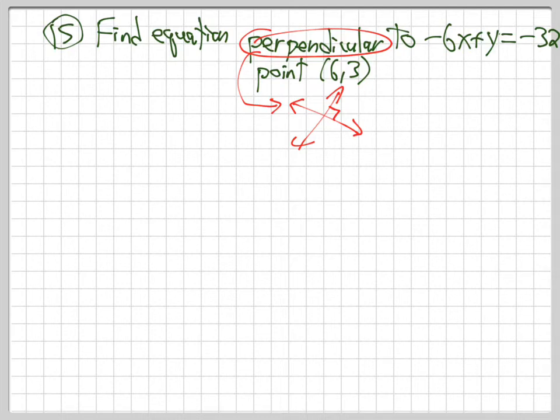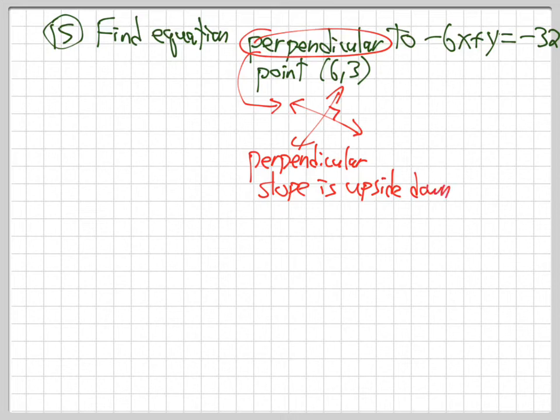And that perpendicular, what does that mean about the slope? Does anybody remember from their earlier algebra days? The slope is upside down and opposite sign.